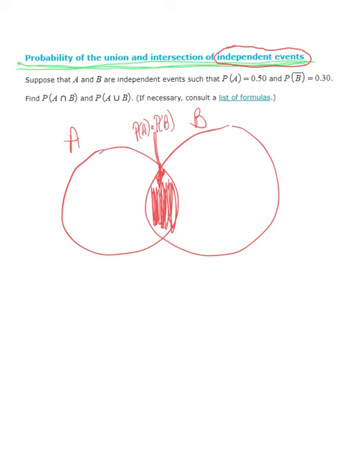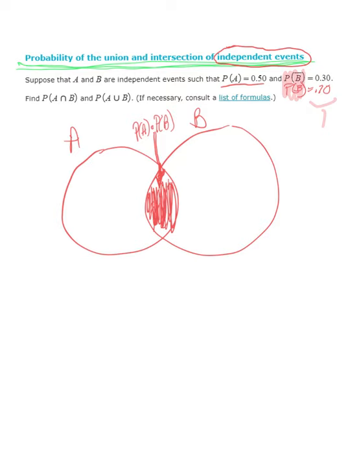So let's tackle this problem here. It says, suppose that A and B are independent, so we know that this intersection is going to equal the probability of A, which we know is 0.5, and the probability of B. Now, what they give us here is probability of the complement of B. So that means the probability of B is 0.7, because the probability of an event and its complement have to equal 1.